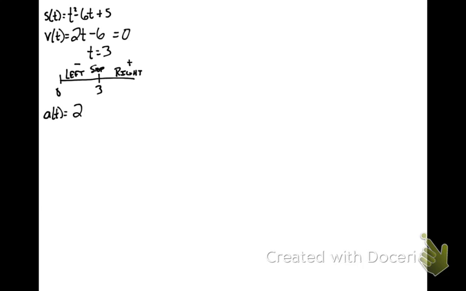It's never not speeding up. So some things about the acceleration: we know that it always has a positive acceleration. So here's 0. We'll mark 3, because that will relate to our velocity function. It's always a positive acceleration.